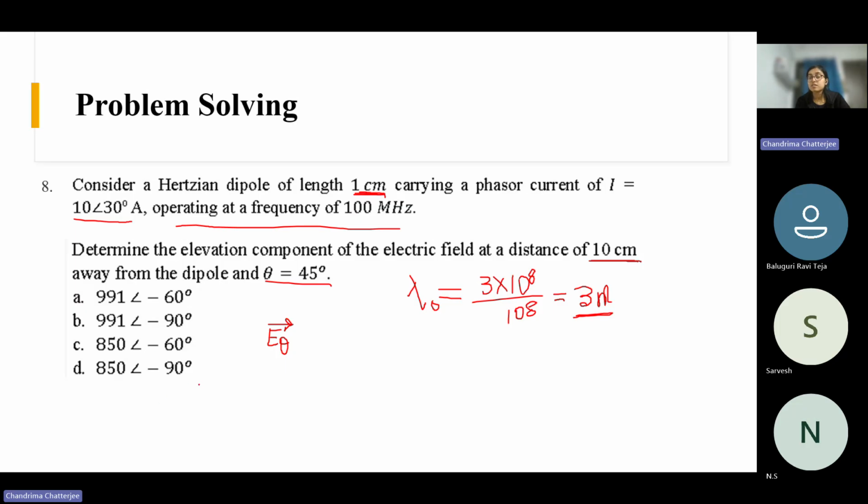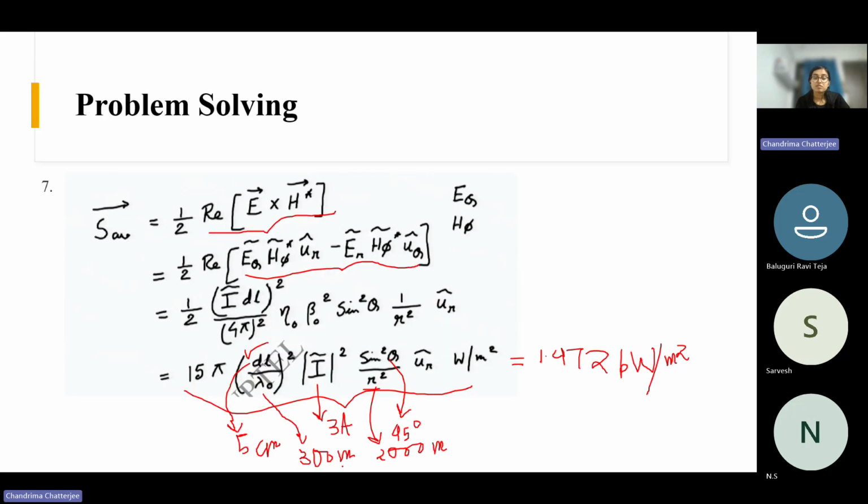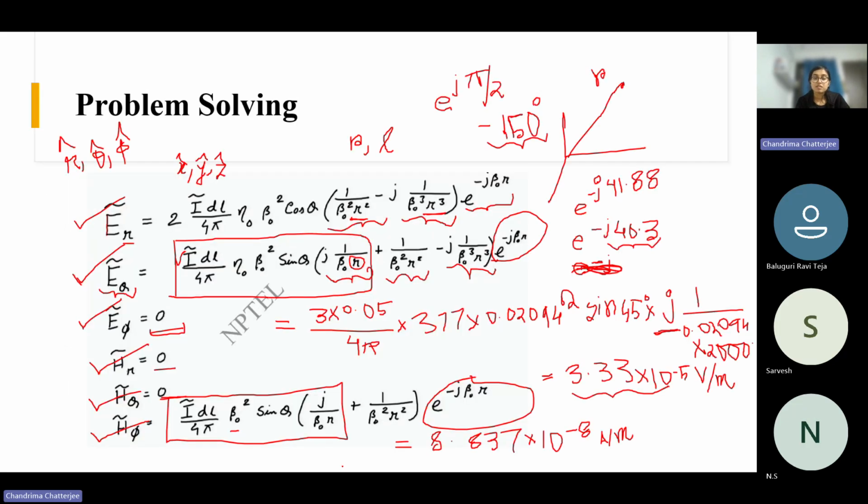You will have to consider all the total expression, not only the 1 by r expression, but 1 by r square, 1 by r cube, everything you will have to consider. Okay. So let's just see. Here the first portion is common, but earlier we only considered 1 by beta naught r.